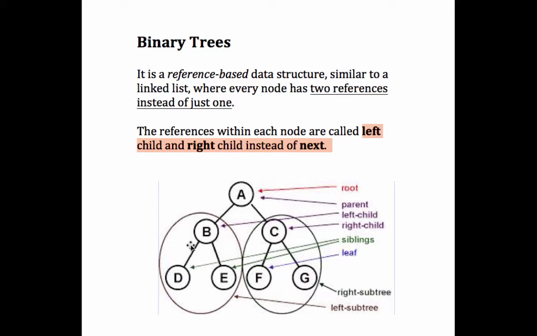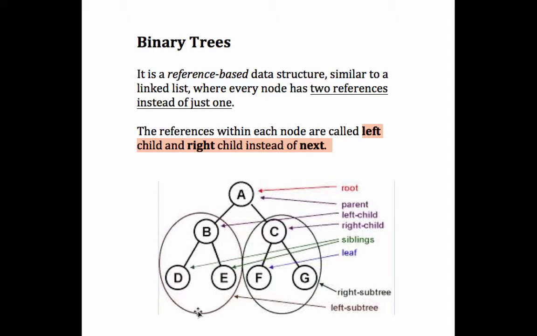And again, it matches the definition. Every node is going to have 0, 1, or 2 children at most. And then we talk about left child and right child, we talk about leaves, and then we could consider this to be a root for this subtree.